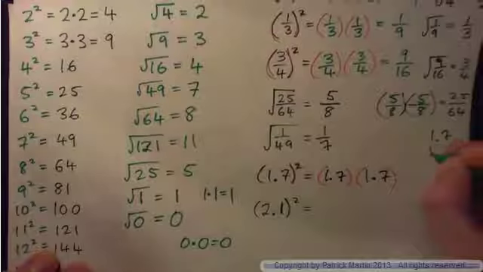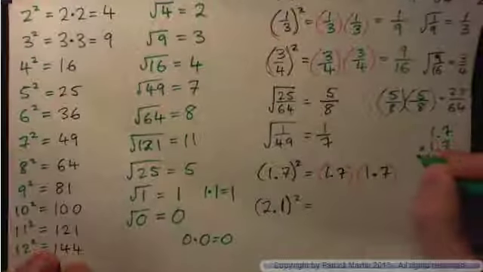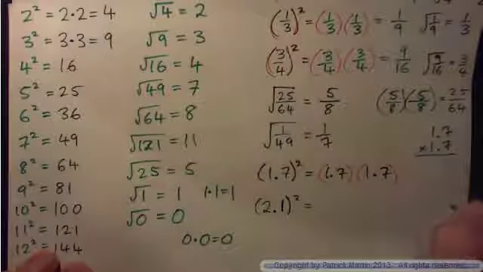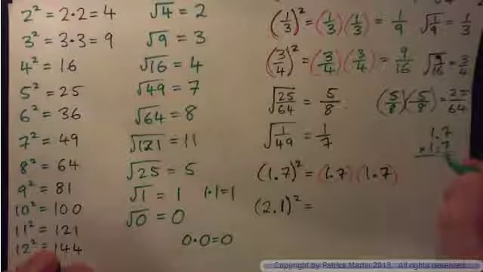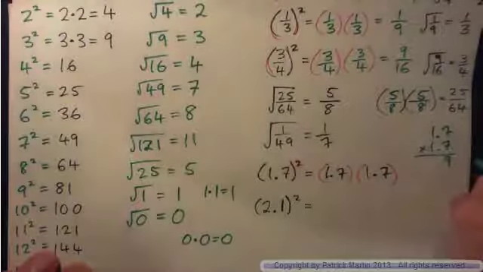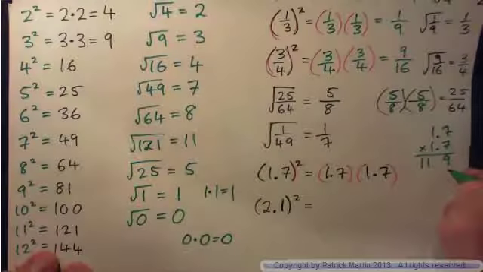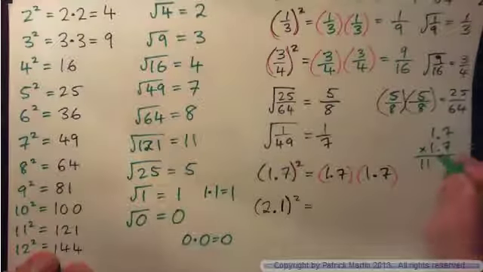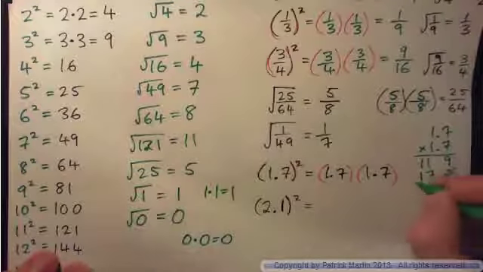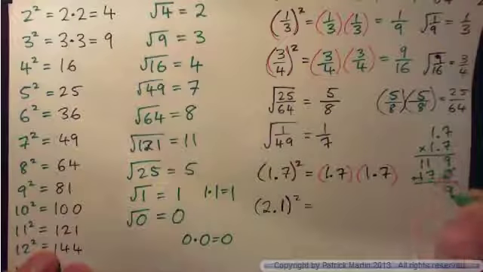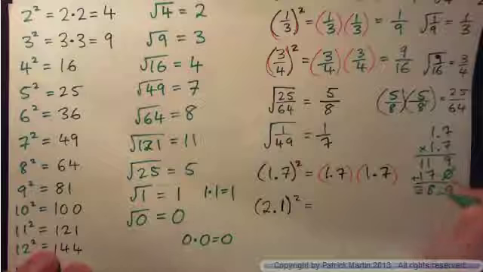1.7 times 1.7, multiply. 7 times 7, 49. Carry the 4. 7 times 1 is 7 and 4 is 11. Placeholder 0. 1 times 7 is 7. 1 times 1 is 1. Add: 9, 8, 2.